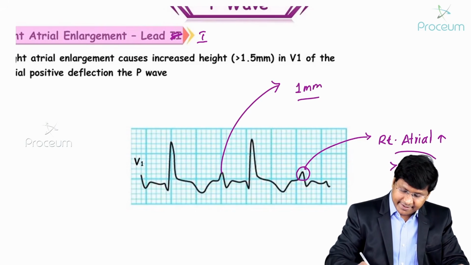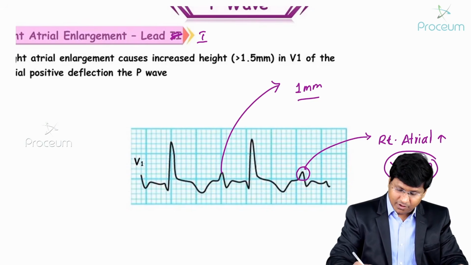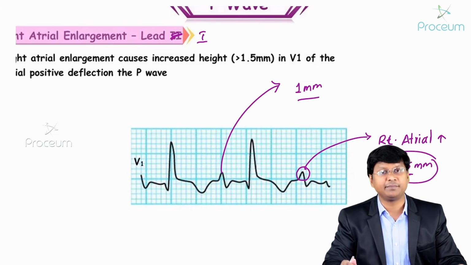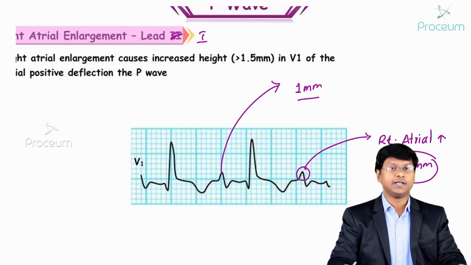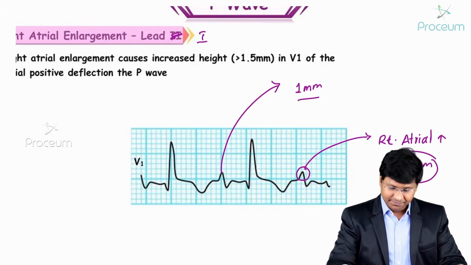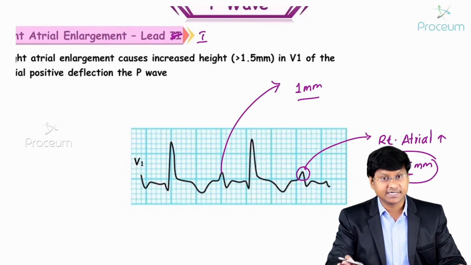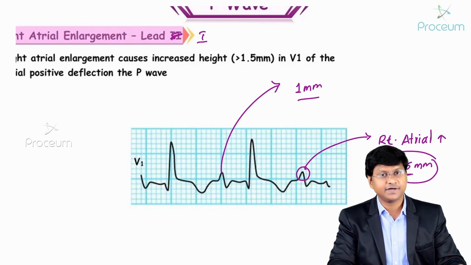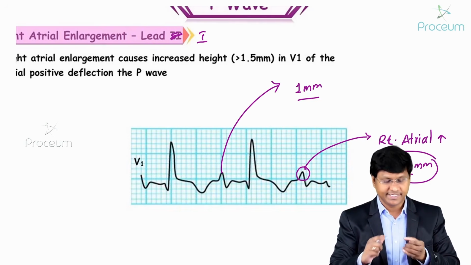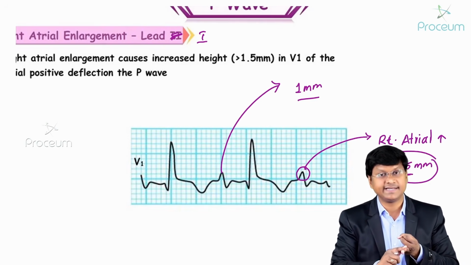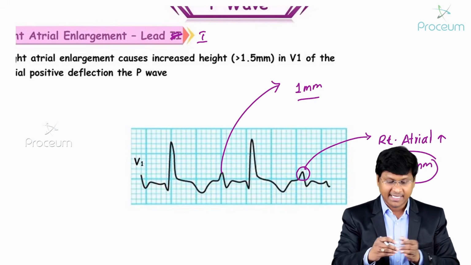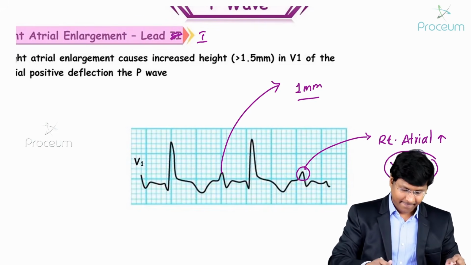But whenever there is right atrial enlargement, the initial half of the P wave in lead V1 will be more than 1.5 mm in amplitude. Now, after having discussed right atrial enlargement, there are certain criteria for right atrial abnormality. Whatever I have discussed in lead 2 and lead V1, I'll summarize in one slide.